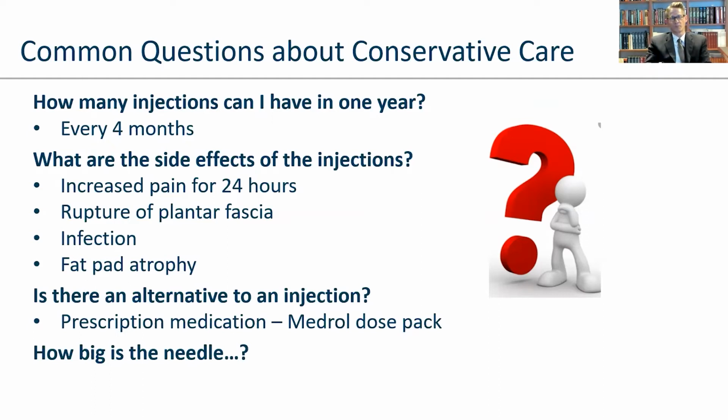You can rupture the plantar fascia. There is always the possibility, anytime you get an injection, to have infection, and you can get fat pad atrophy. Each one of those we go into a little bit more detail so that you understand exactly what can and can't happen. But those are kind of the big things that are possible side effects from those injections.